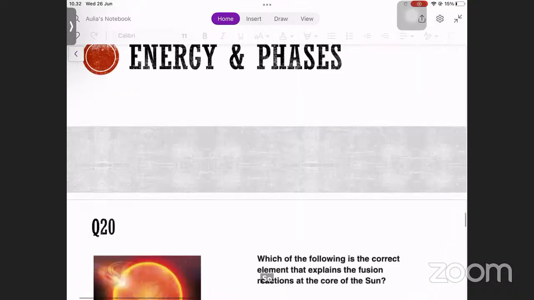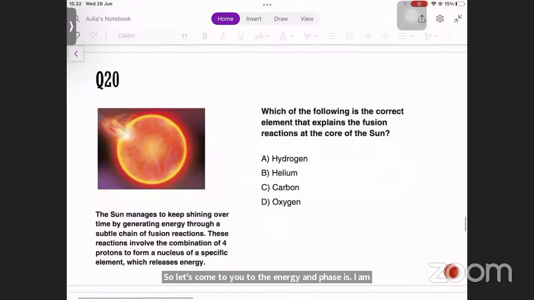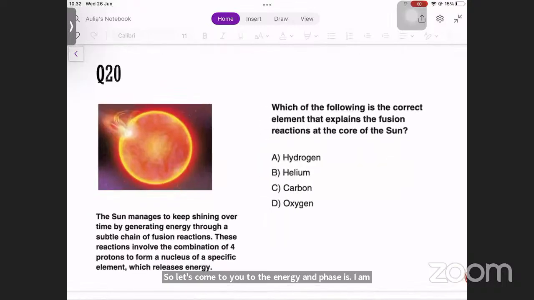I am not sure if you have learned about this in science, physics or not, because I believe that it should belong to physics, isn't it? The fusion reaction. But yeah, let's try to discuss it a little bit in terms of chemistry here.